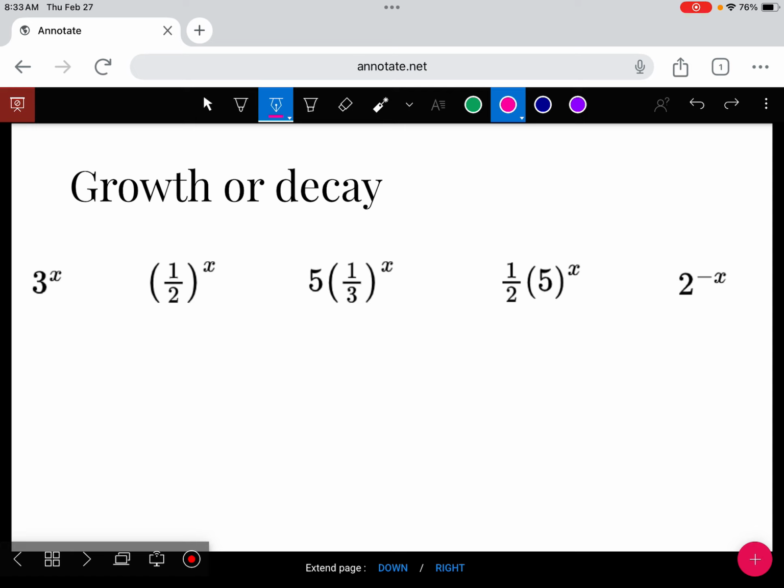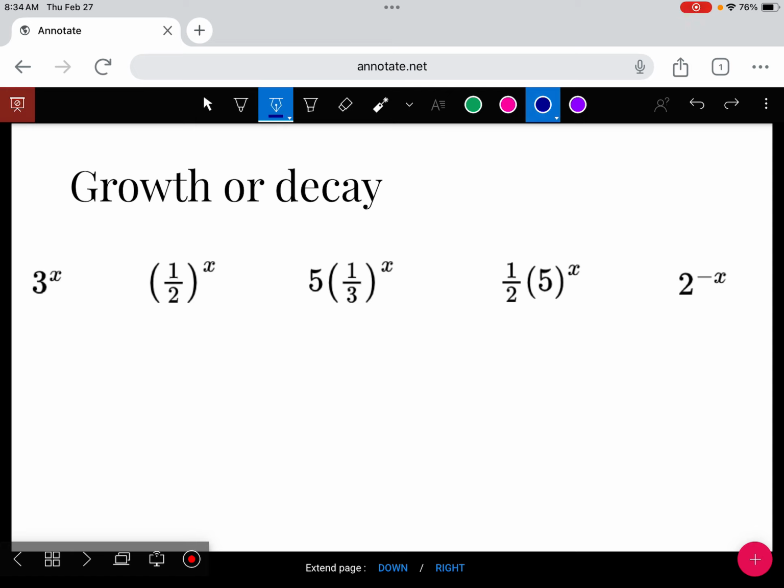A number smaller than 1. If I took a decimal or a fraction, think about 0.5. If I took 4 times 0.5, it would get smaller. If I take 4 times 1/2, it gets smaller. So if we have decimals that are less than 1, or fractions that are small, that's when we're going to have decay.